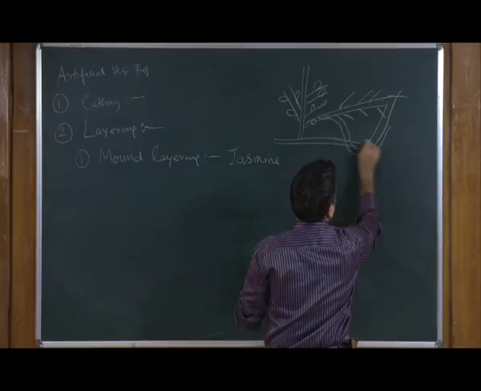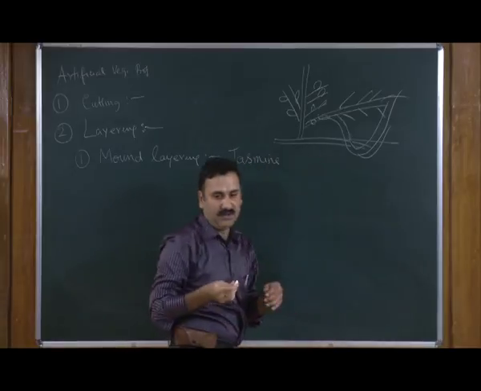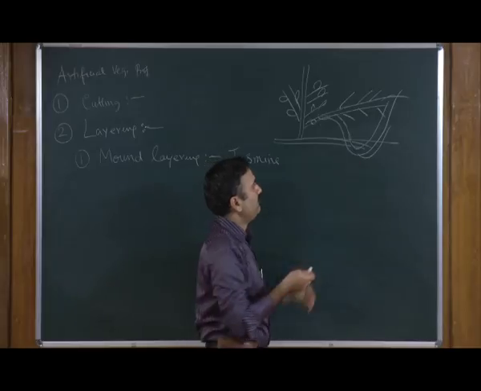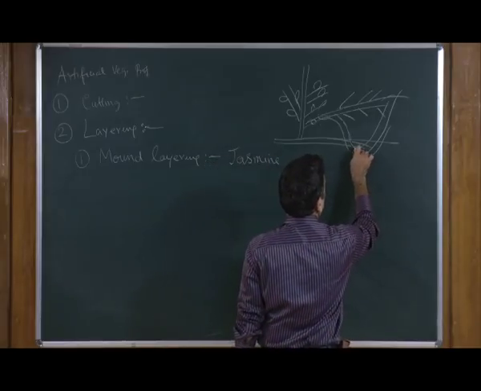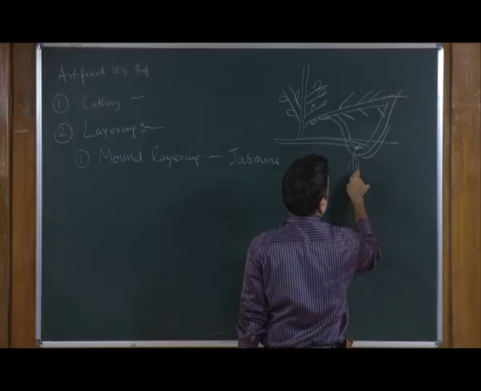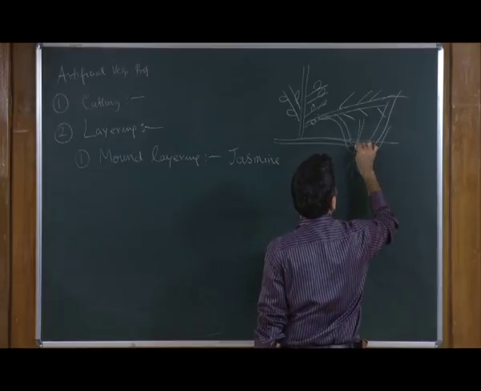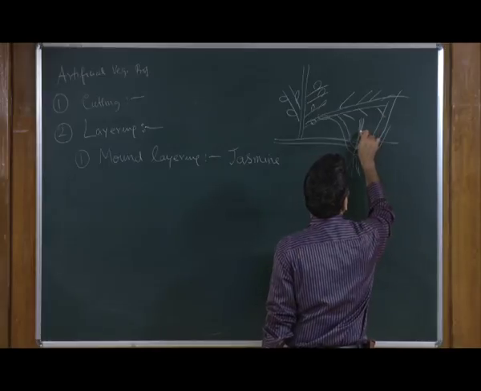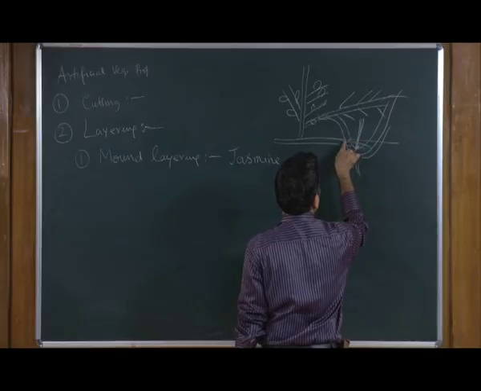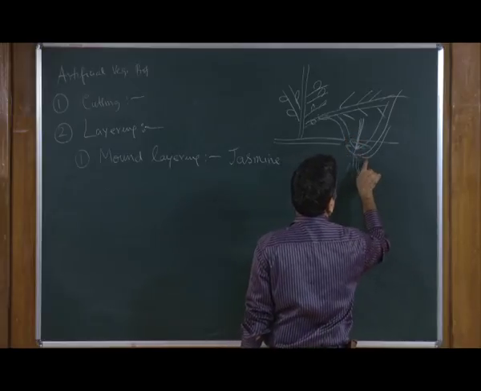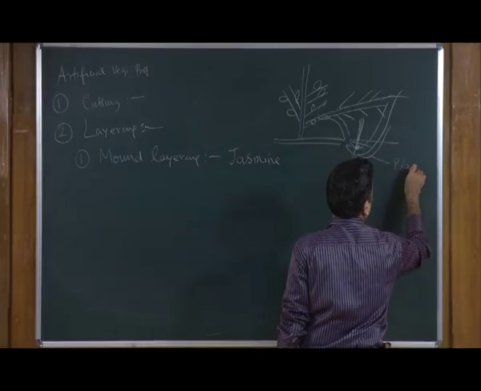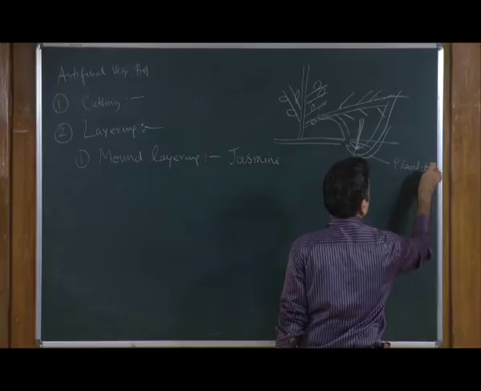As a result, some portion of this branch will be below the soil, and this portion will contain the axillary buds. They will develop roots on one side, and then start developing shoots on the other side. After this happens, you can cut the original plant from here, and then this will become the new plant or plantlet.